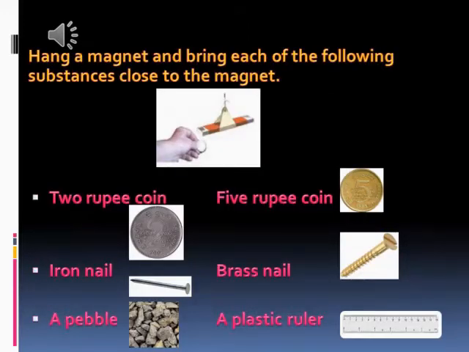In this activity, you have to hang a magnet and bring each of the following substances close to the magnet: 2 rupee coin, 5 rupee coin, iron nail, brass nail, a pebble and a plastic ruler.